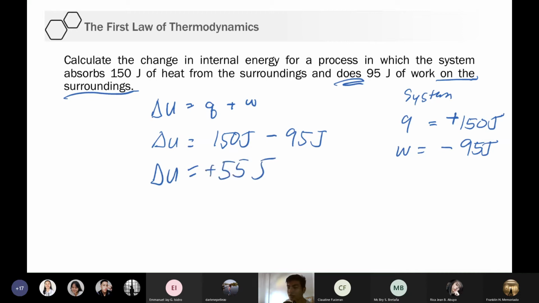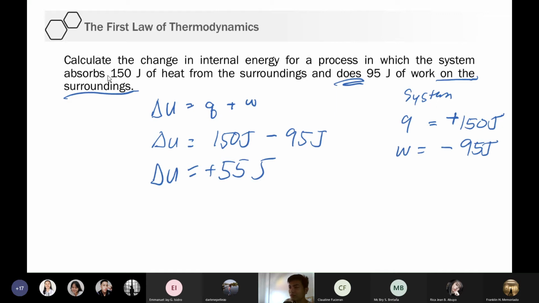So, ganyan yung gagawin natin later on to measure the internal energy of the system. Either mag-add tayo ng heat and then kunin natin gano'ng karaming work na gawa niya. So, doon mo makuha yung delta U. So, we just solve for this and that. Tapos, pag subtractin lang natin yon, makuha natin yung delta U. So, ganun yung gagawin natin later on.